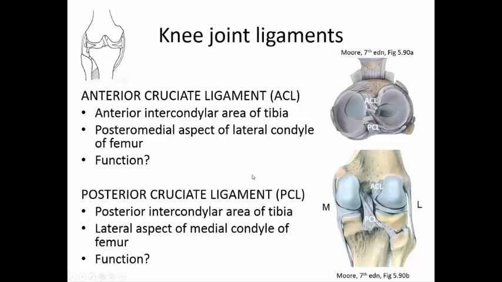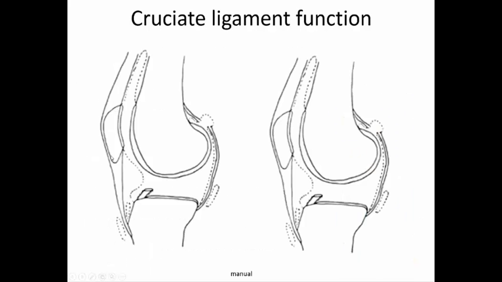So let's look at their function. Here we have the patella, so this must be anterior, so attaching to our anterior tibia. In the intercondylar region we have an anterior cruciate ligament. So ligaments work when they're tight. As they get pulled tighter and tighter, they prevent movements.